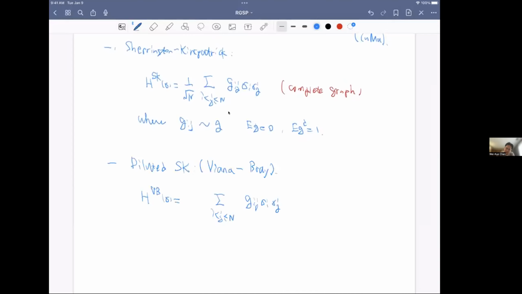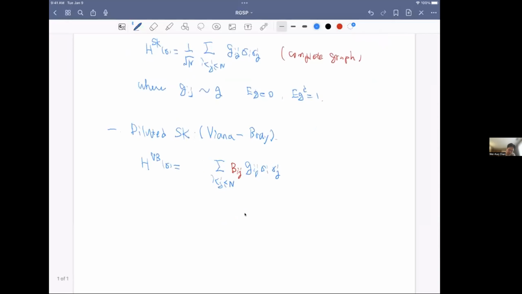But the main difference is that, instead of looking at all edges, I place a probability on each given edge of whether I want to have an interaction or not. So there is a Bij in front, where the Bij are IID Bernoulli with rate gamma over n, and independent of the Gij.